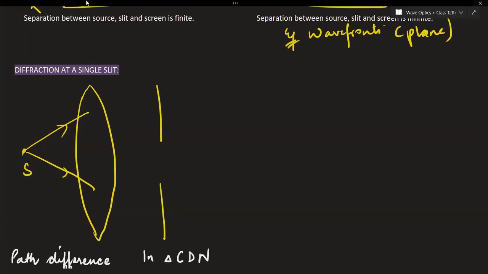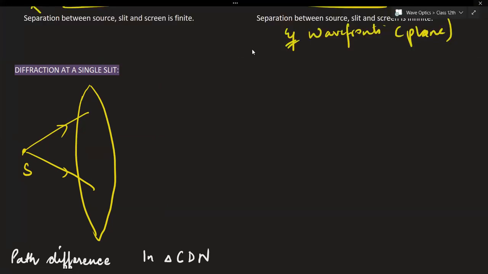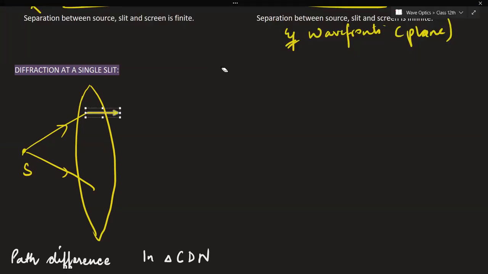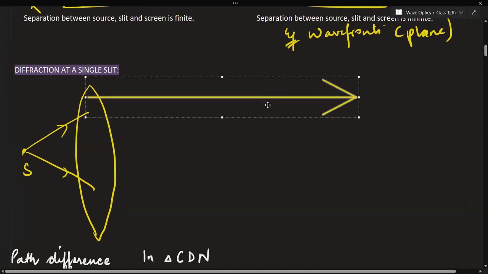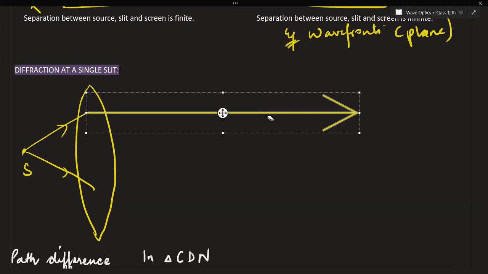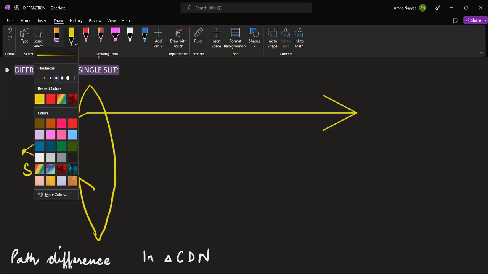Now let me draw it properly. Like this. Now see what will happen.